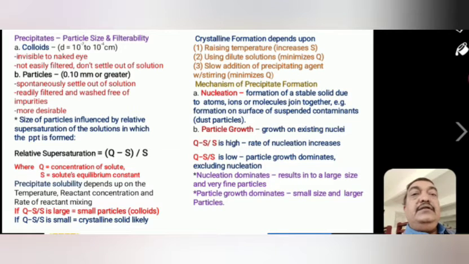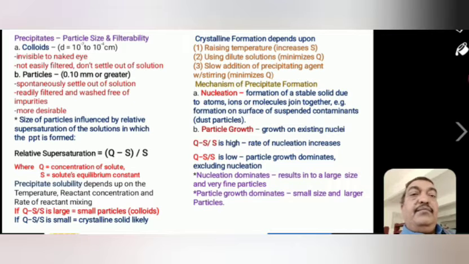The crystalline particles are 0.10 mm in size. So these crystalline particles are greater in size than the colloidal particles.